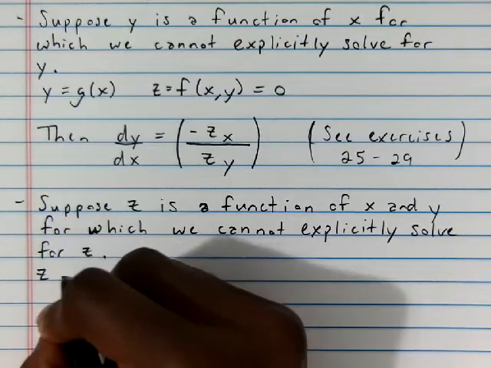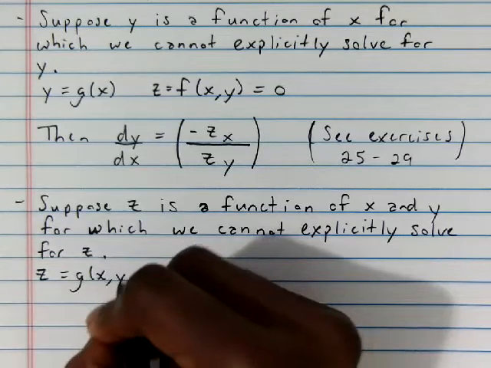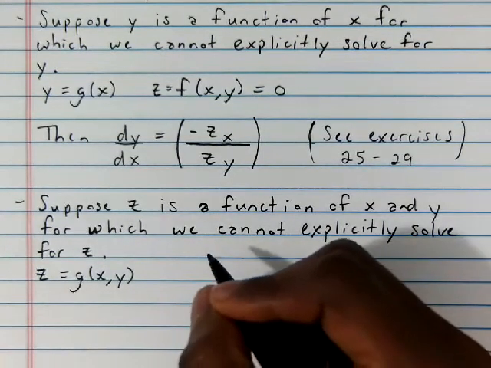In actuality, z is some g of x, y. We just can't solve for z, but we know it's a function of x and y.